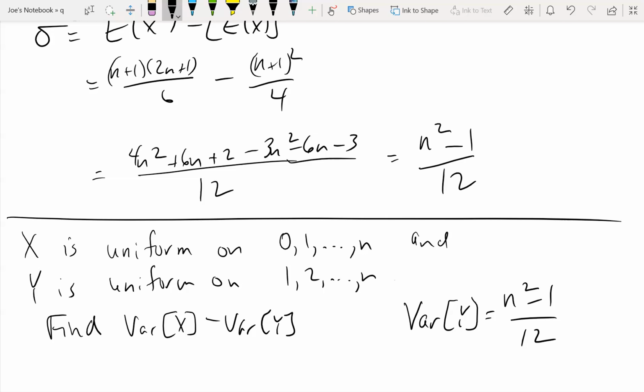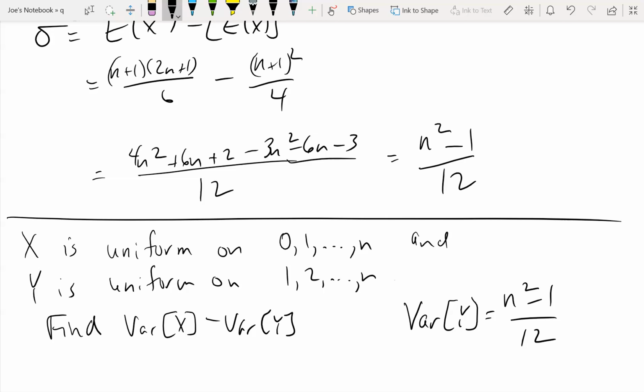Because being uniform on the set from 0 to n is almost like being uniform on the set 1 to n plus 1. It's just been shifted down 1, isn't it? So being uniform on the set from 0 to n is just like being uniform on the set from 1 to n plus 1, just shifted.